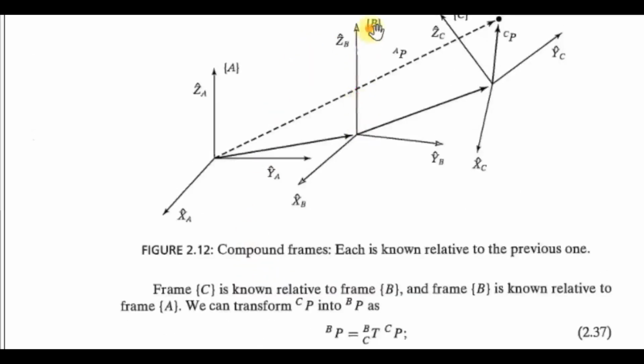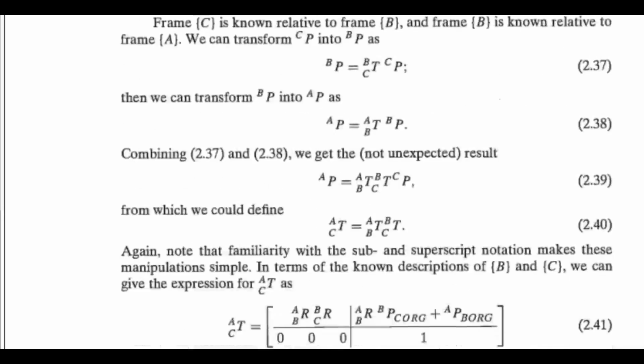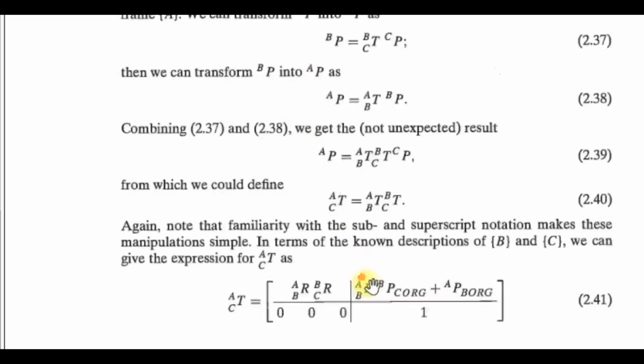We have to write BRC, okay, BRC into BPCORG plus ABORG, because in ABORG a rotation is not there. So the proper subscript is B to C.